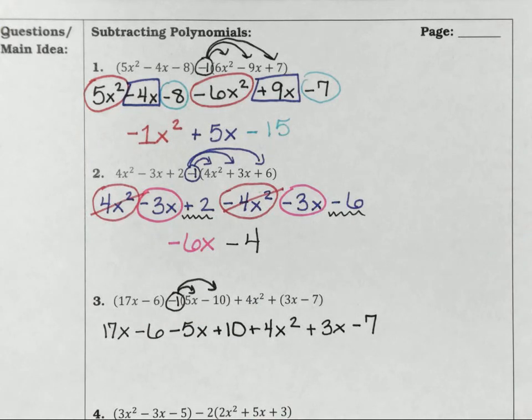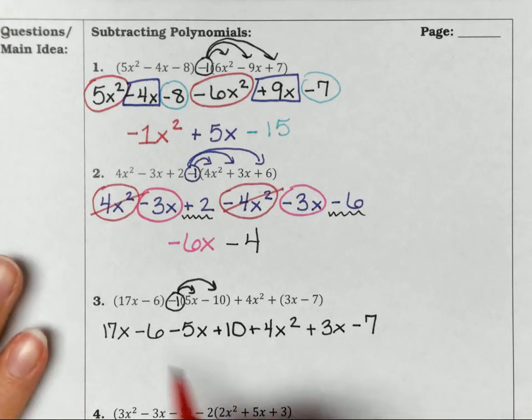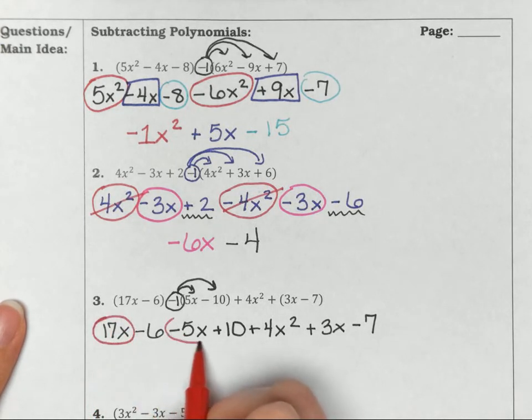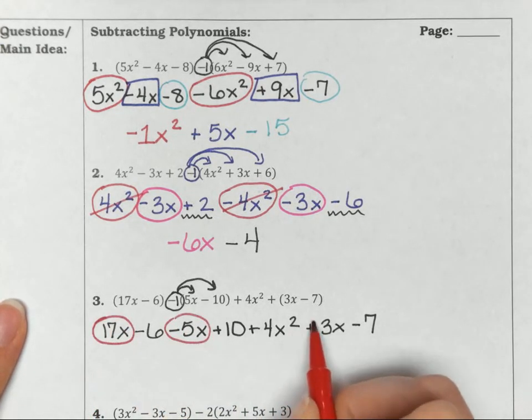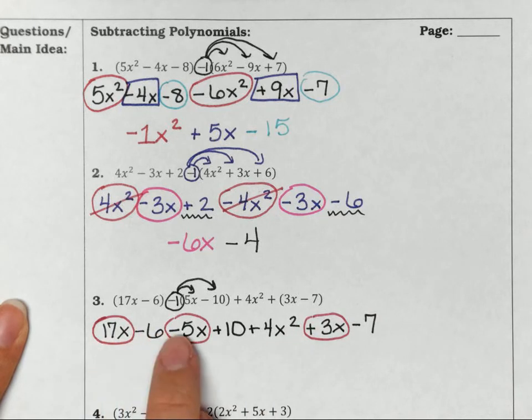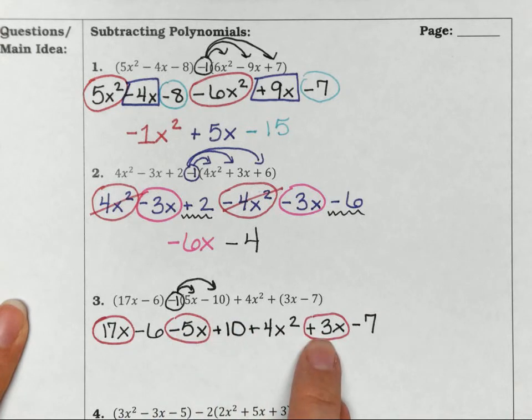So now when I combine like terms, I have 17x, negative 5x, and positive 3x. This 4 does not count as part of my like terms because it has a square. So 17 minus 5 is 12. 12 plus 3 is 15.